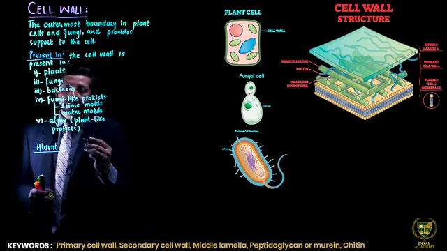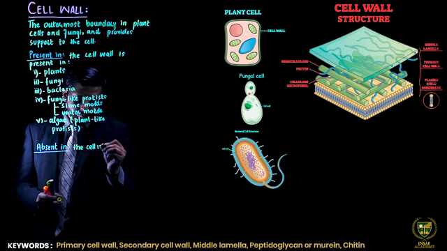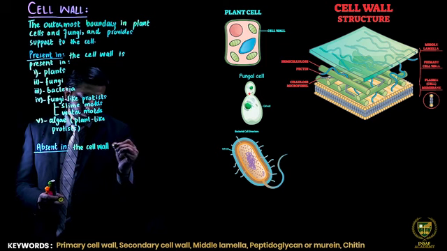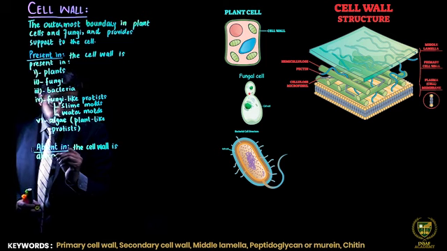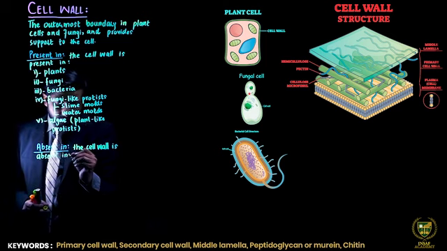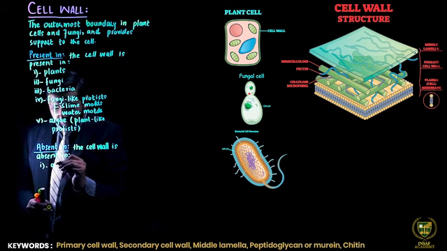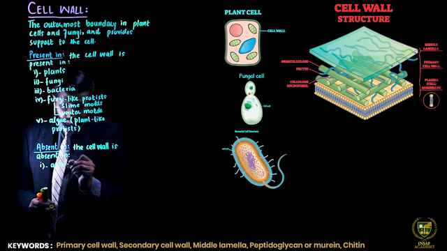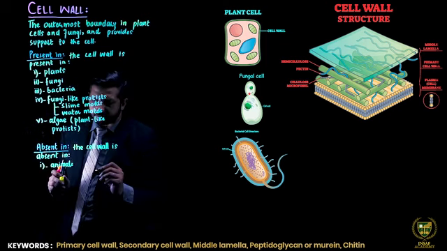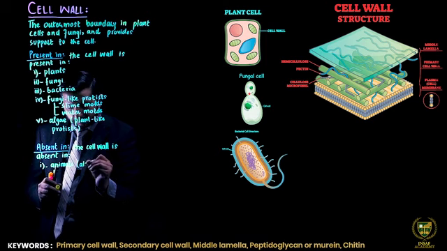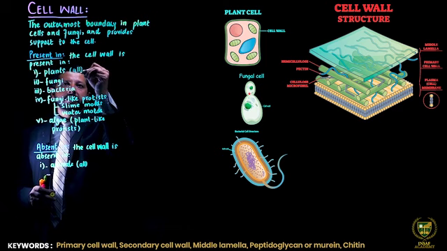The cell wall is absent in number 1, the animal cells, all animal cells. Clear? All of them, and all plant cells over here.